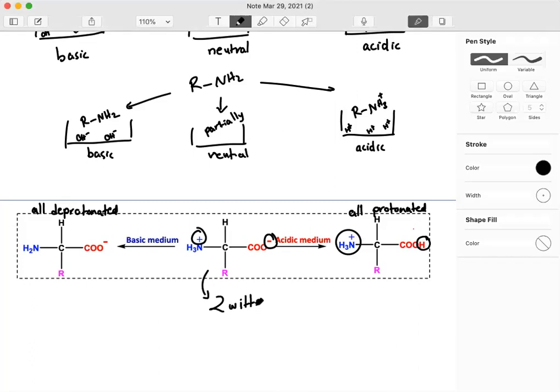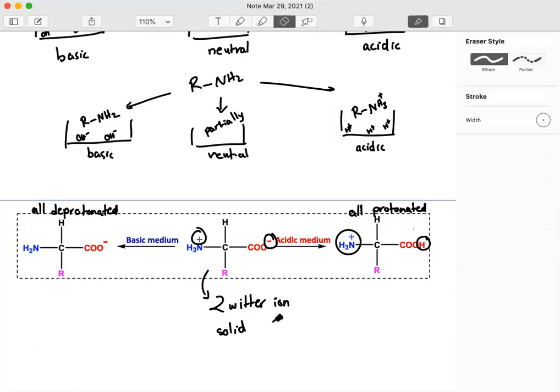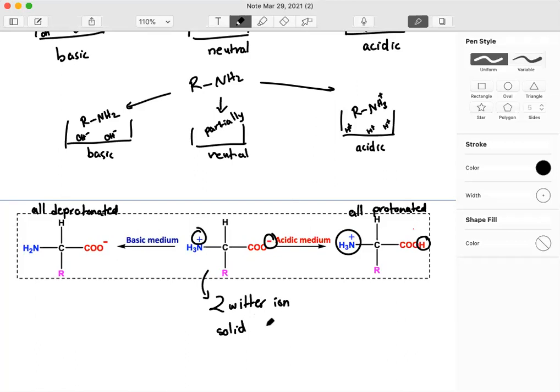Svitter يعني فيه 2 charges. فعلشان كده هو بيبقى solid at room temperature. sorry، هو بيبقى solid لما بيبقى Svitter ion. ال solid بيبقى Svitter ion ليه؟ علشان أنا عندي negative و positive، فبيعملوا charges ما بينهم قوية قوي، زي اللي هي crystalline، زي الحاجات اللي في ال NaCl الملح مثلا، فبتبقى solid تعمل intermolecular charges قوية.